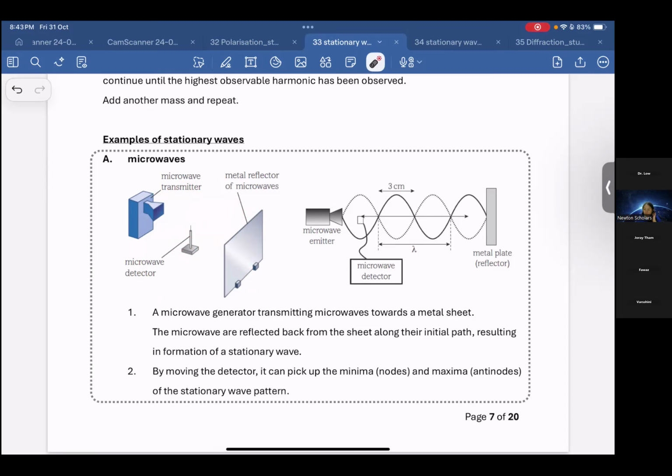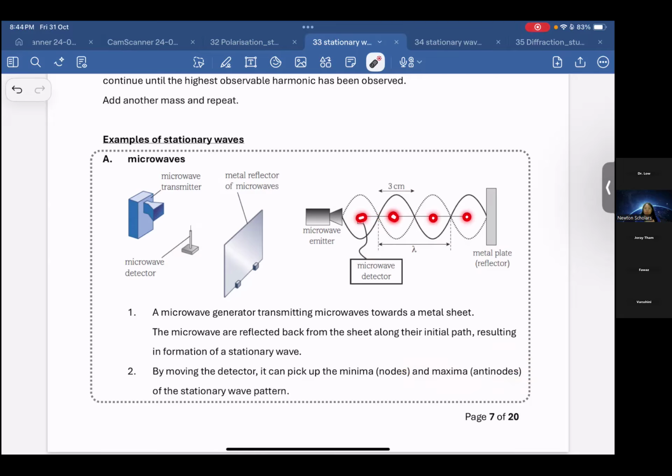They use a microwave detector, moving along the line. If they are at the maximum, they are able to detect the maximum. That means this point is actually an anti-node. If they detect the minimum, this is a node. So anti-node, anti-node, anti-node, anti-node.